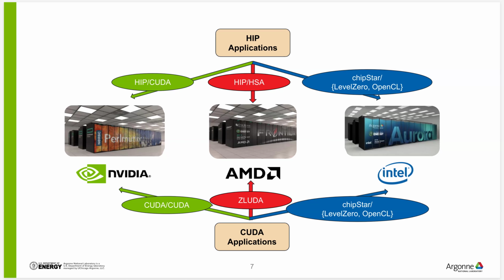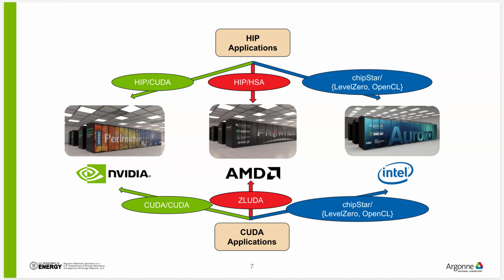So we are talking a bit also about CUDA. This is a recap of the ecosystem. HIP applications can run on NVIDIA hardware through CUDA, on AMD through ROCm or HSA, which is the lowest level programming interface, and on Intel machines through either Level 0 or OpenCL.